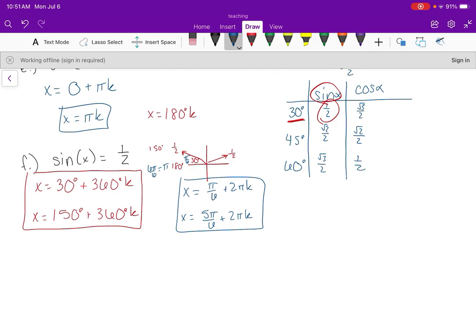Subtracting pi over 6 gives me 5 pi over 6. And the reason I'm subtracting is because it's like before it. So if it comes before, then I'll subtract. Say I was looking in quadrant 3, I would have added. So in quadrant 3, it'd be 7 pi over 6.